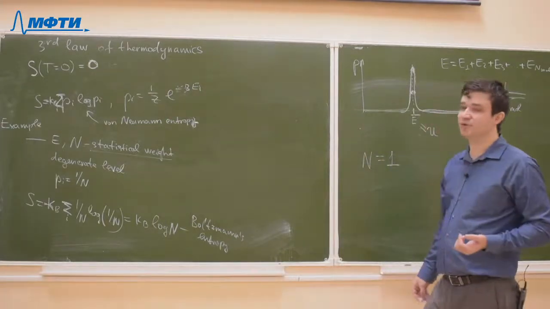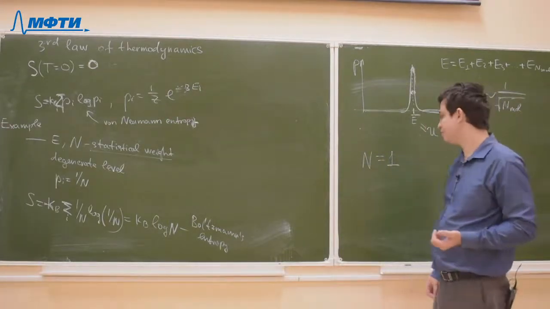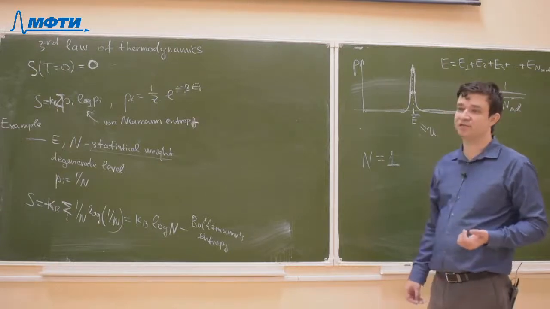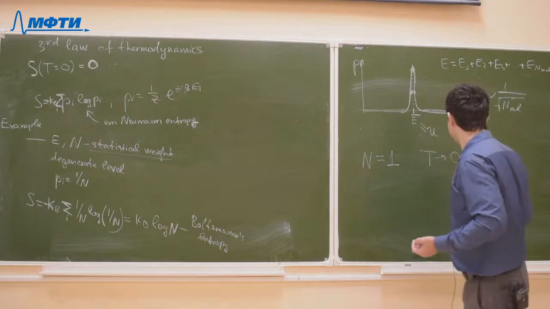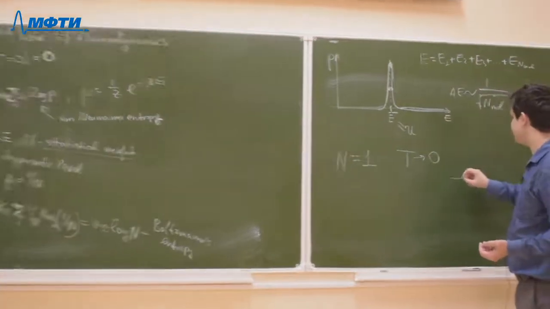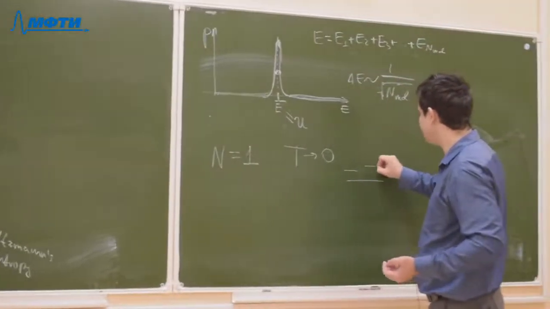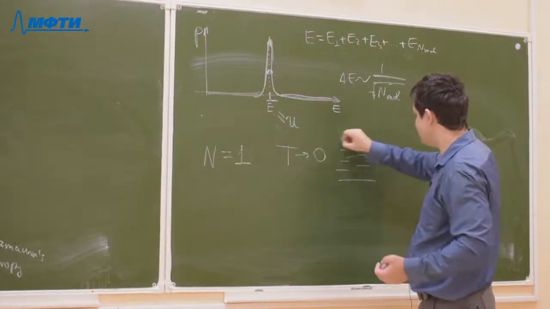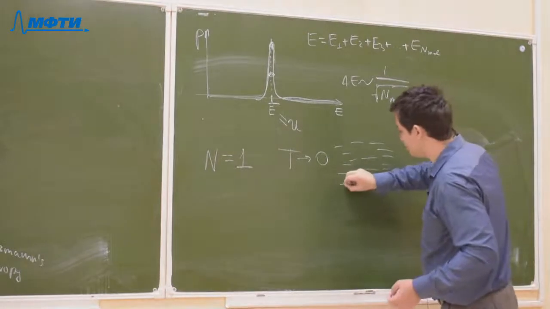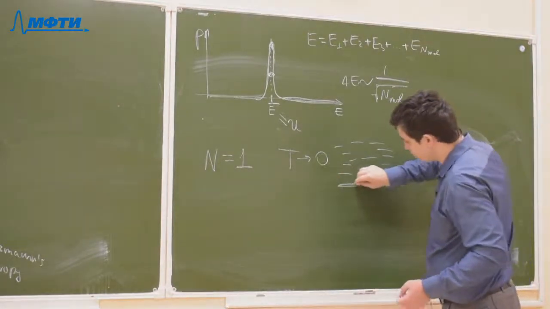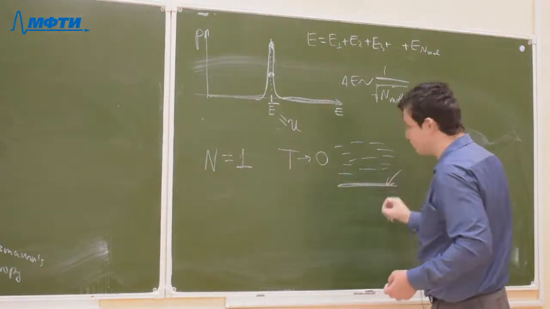And there is a simple explanation for this fact. When you cool down the system to a temperature approaching 0, then if you have different levels in the system, there is a certain energy level which has the lowest energy.